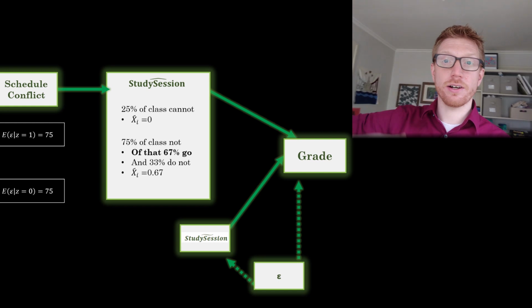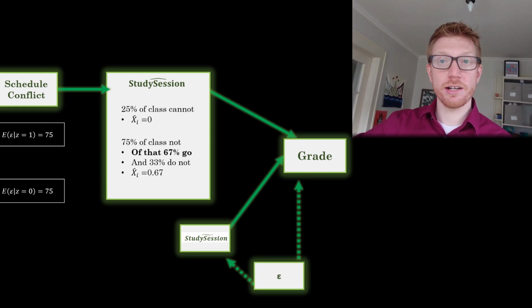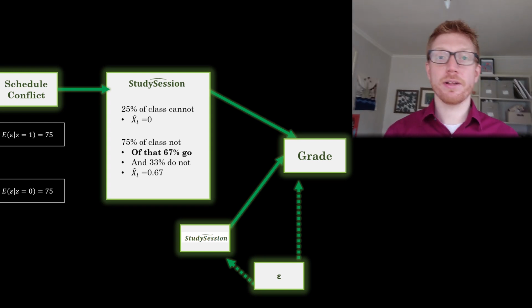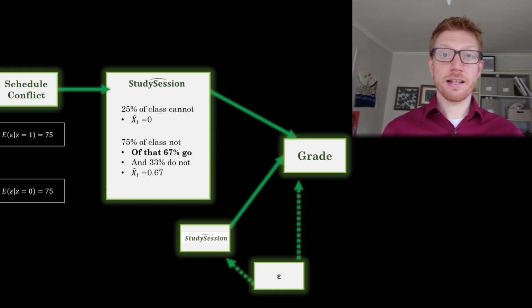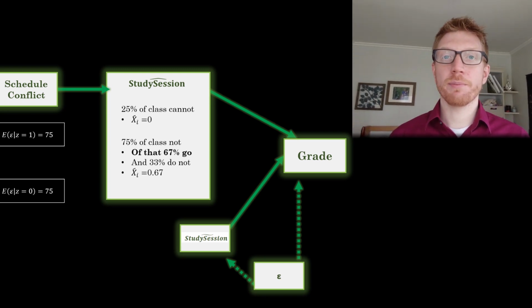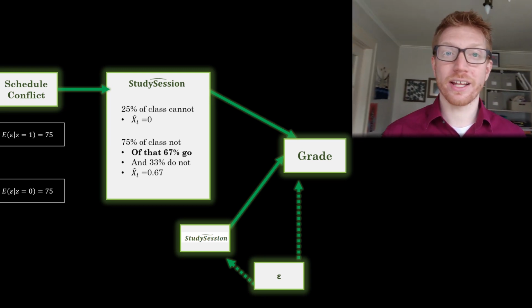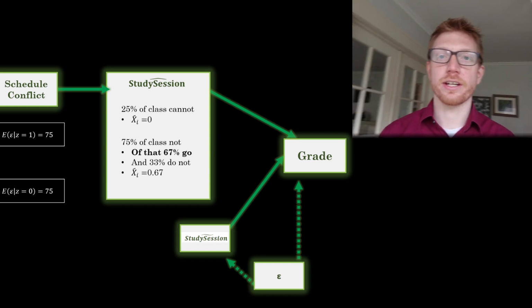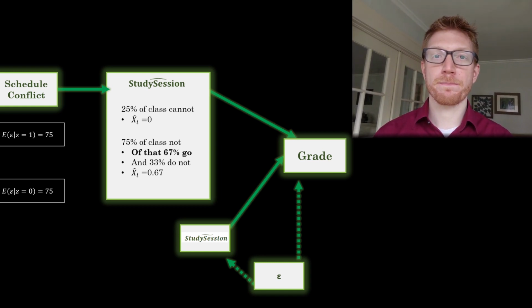And because the conflict is independent of other stuff, we would see having a conflict being unrelated to grade, because we're thinking that the only channel through which having a conflict actually impacts grade is through the study session itself.